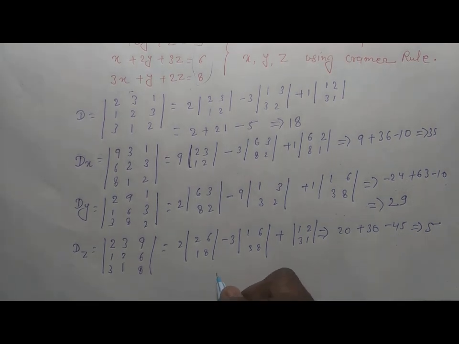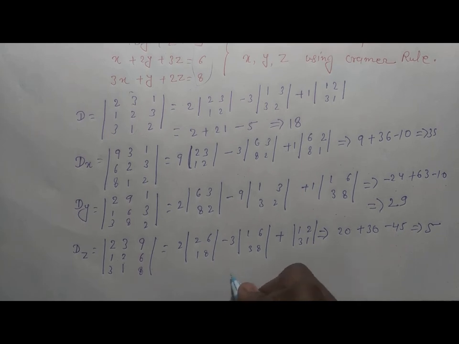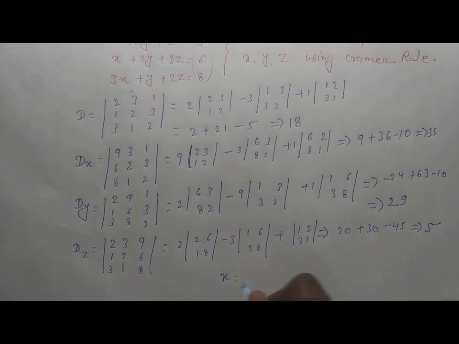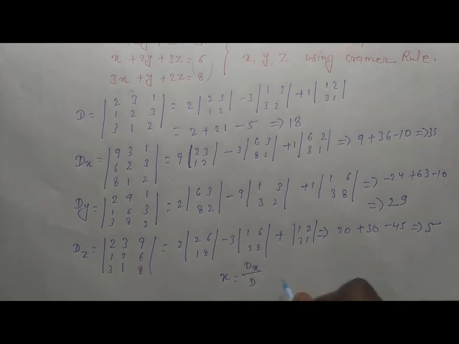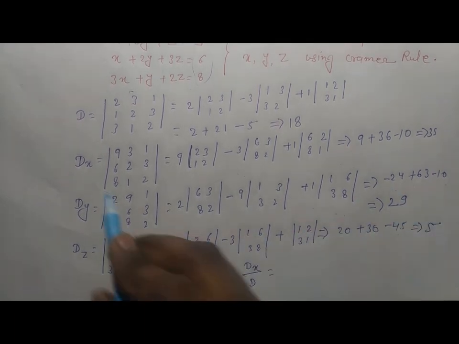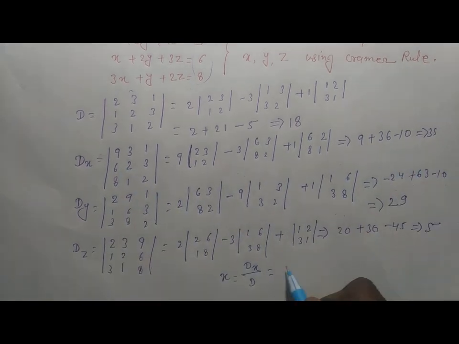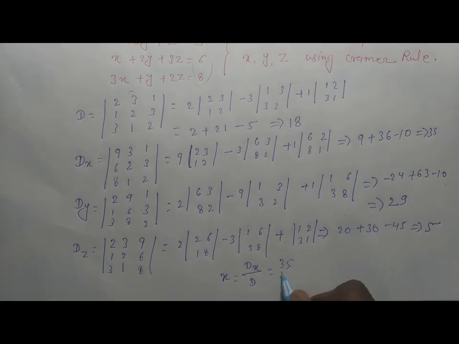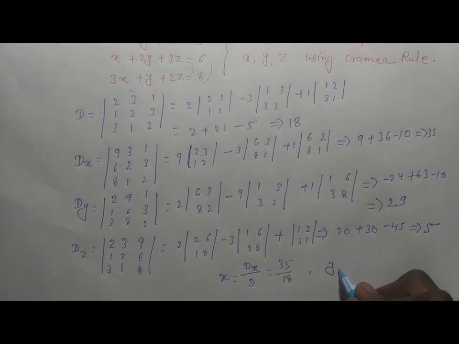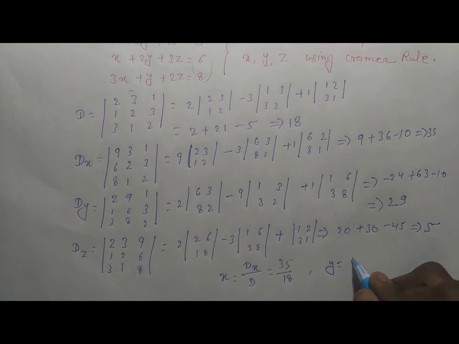Then we can easily find the values of x, y, z using Cramer's rule formula, that is x equal to dx by d, where the dx value is 35 and the d value is 18. The x value is 35 by 18. Write down here 35 by 18. And y equal to dy by d.